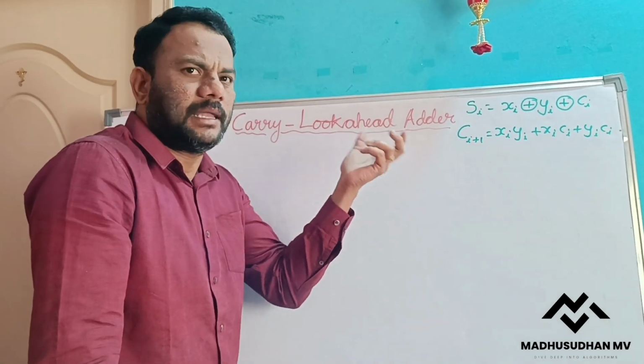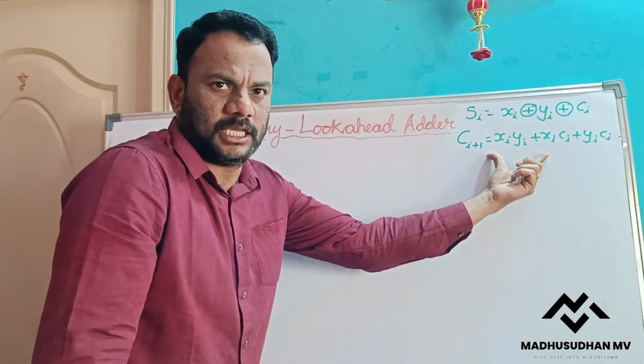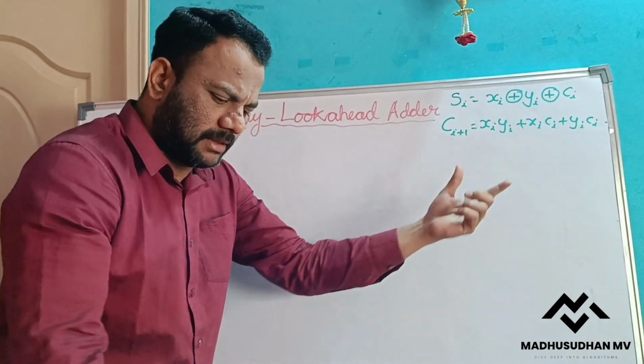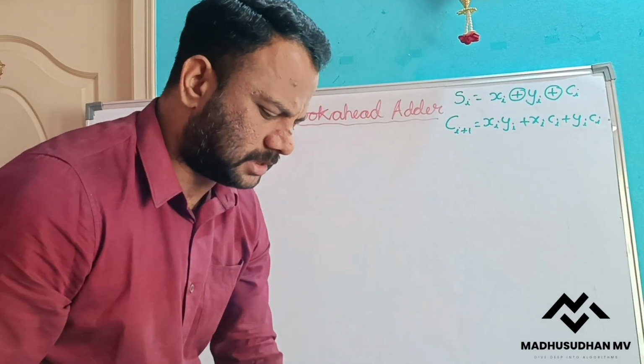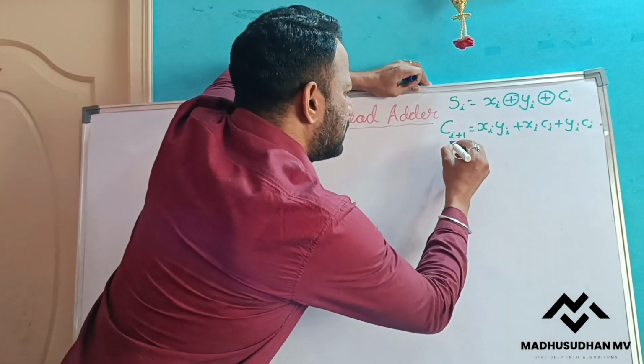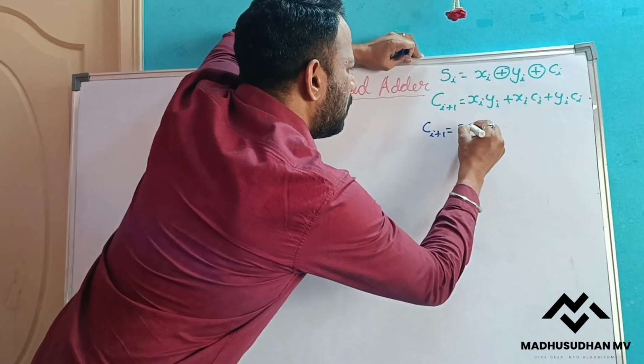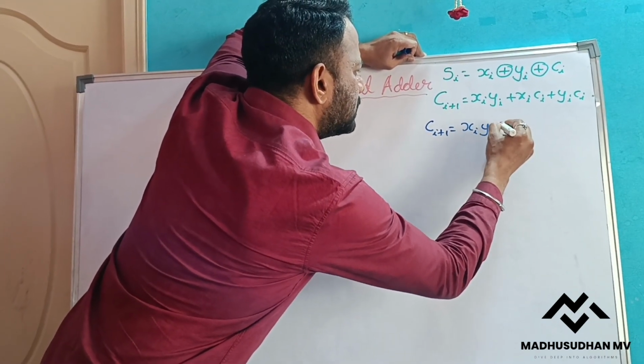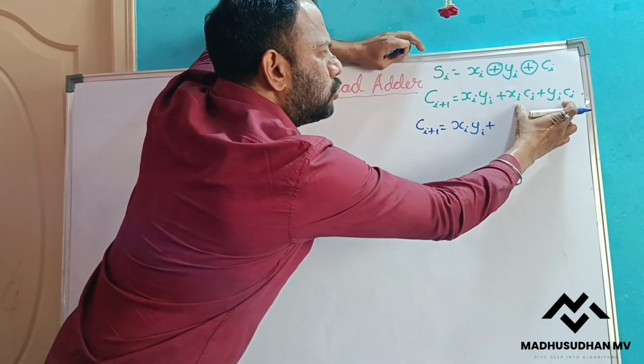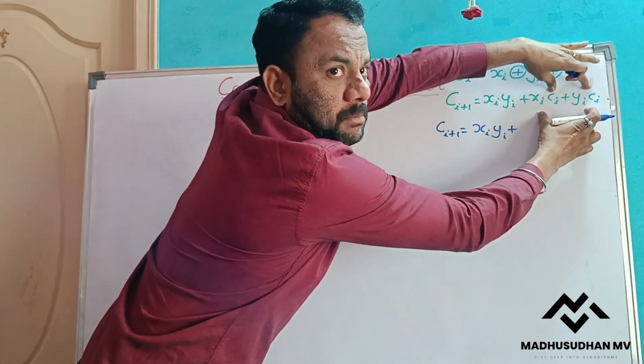So to eliminate the dependency, let us consider this equation and I will rewrite the same equation in another way. Ci plus 1 is equal to, I am writing this as it is. Here, what is common in these two terms? Ci is common in both the terms.